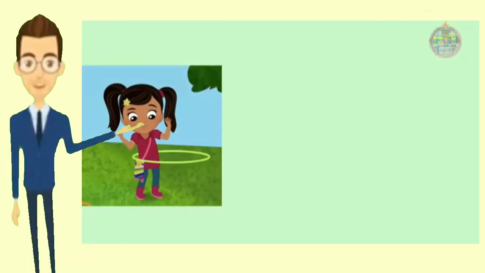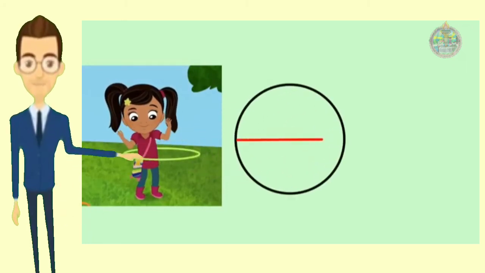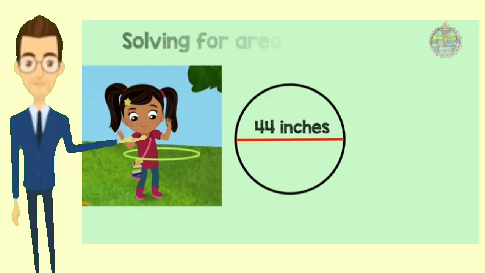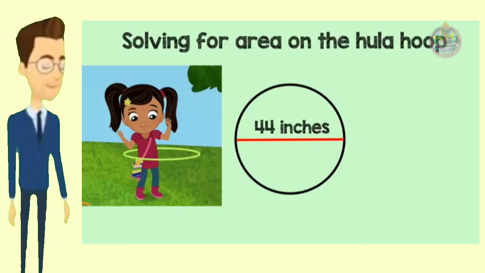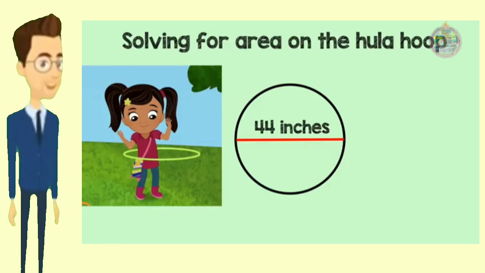Now let's have another example. A while ago, we helped Regine find the circumference of her hula hoop. Now she wanted to find also the area of the hula hoop. Again, the diameter of her hula hoop is 44 inches. Let's help Regine find the area of her hula hoop. In the problem, a diameter of 44 inches is given, but the area of the circle uses radius, so how can we solve it?